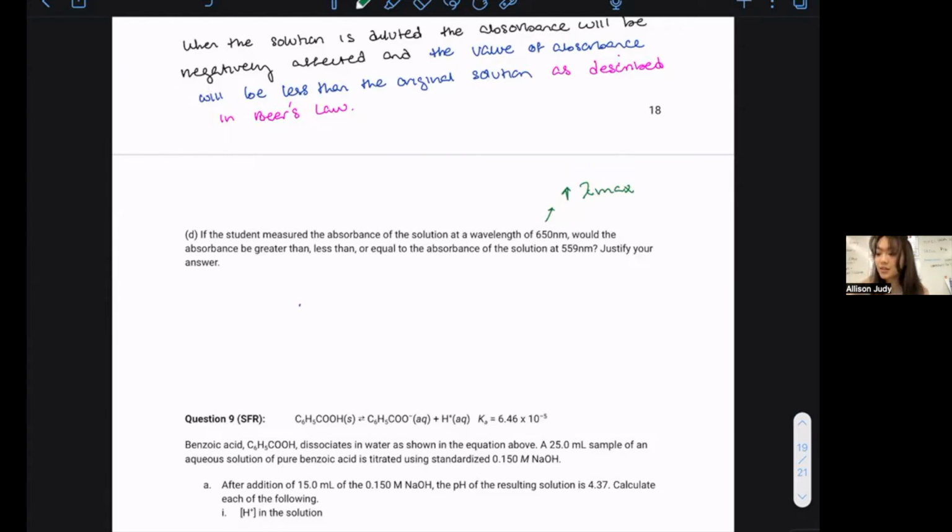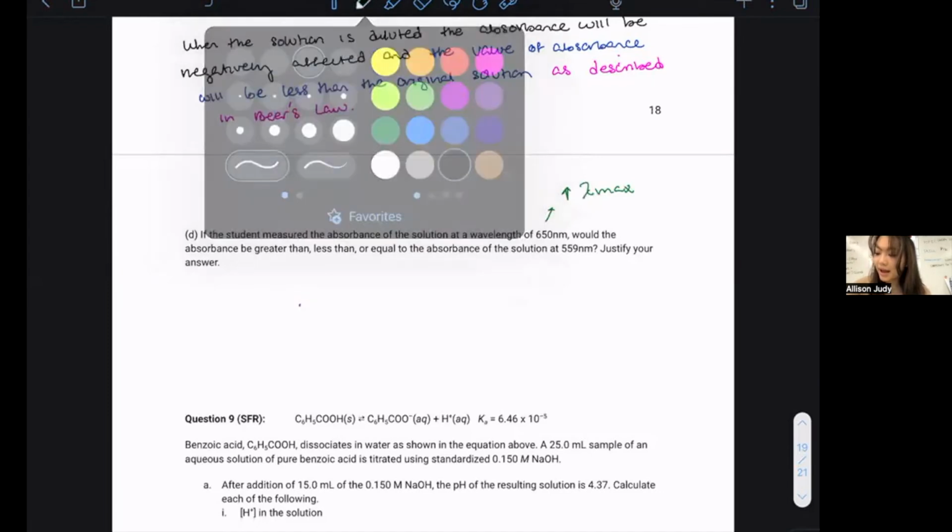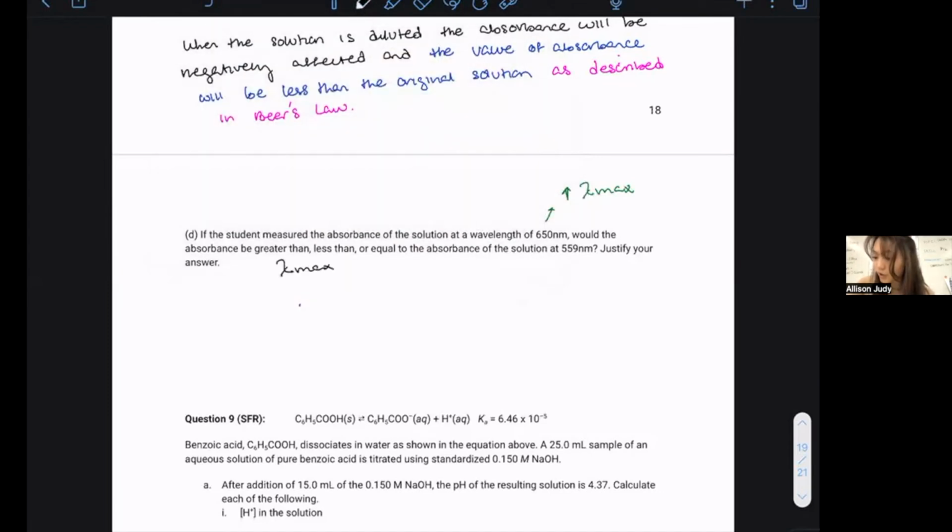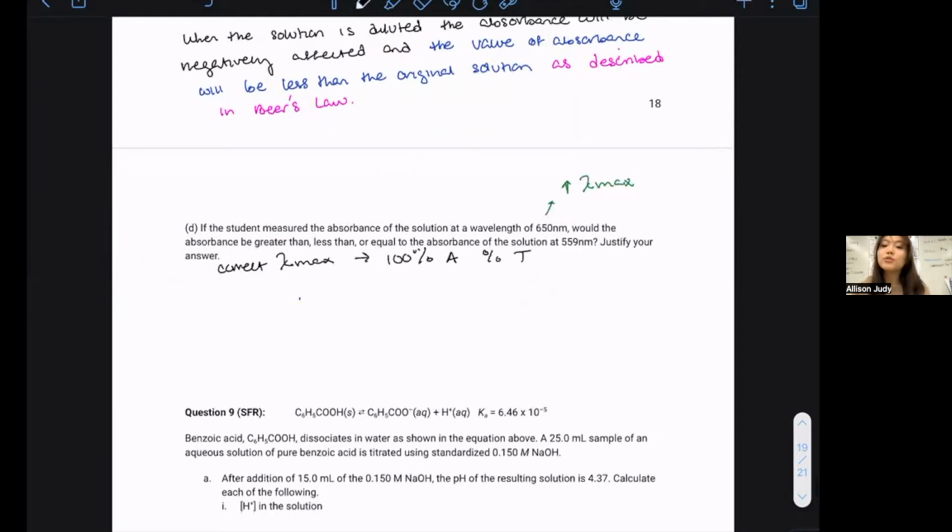Justify your answer. So we know that at lambda max, the correct lambda max, I should emphasize, we get 100% absorbance, okay, and 0% transmittance for a sample. So anytime we change that absorbance lambda max value, we are now not getting 100% absorbance. So what would happen is that our absorbance values would definitely be less than.